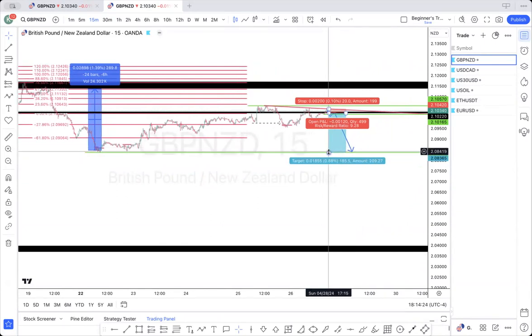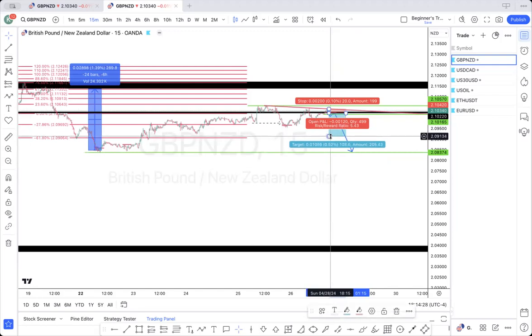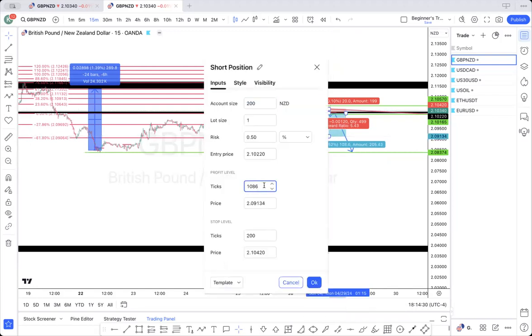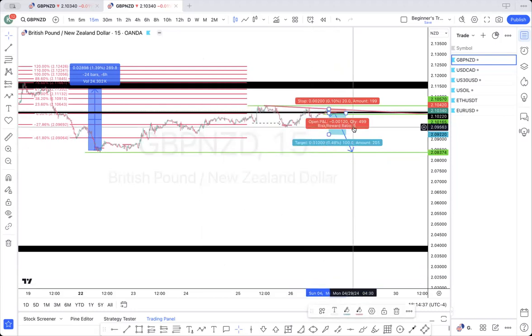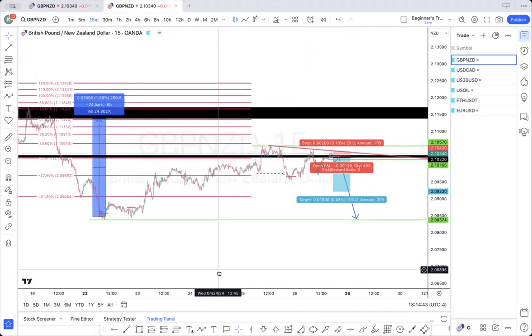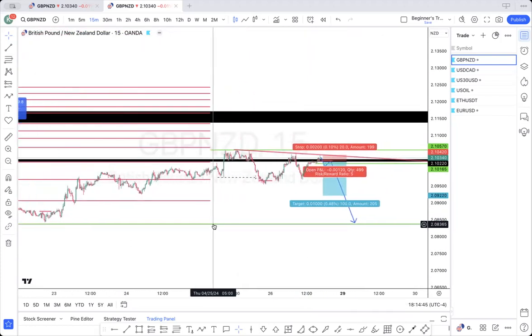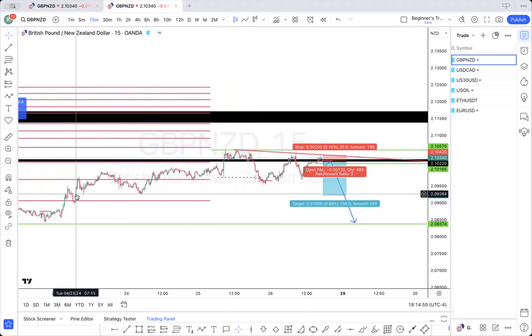If you don't want to take it there, if you just want to get 100 pips, which is more than enough, it's a 5% trade, because all I'm doing is looking at price action. I'm looking at there's imbalance here, right?